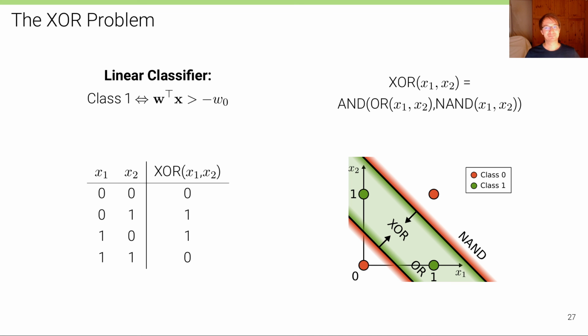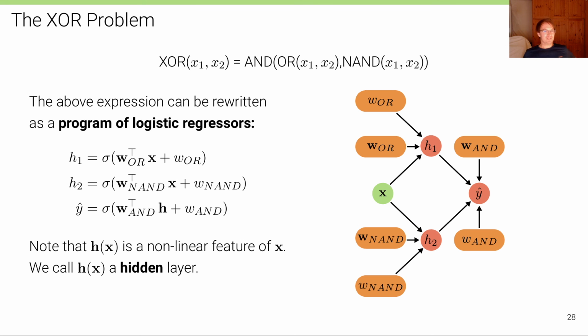That's cool, no? So now, what does this mean in terms of a computation graph, in terms of a program? What this effectively means is, because we can express each of these individually as logistic regressors, this above expression here can be rewritten as a program of multiple logistic regressors.